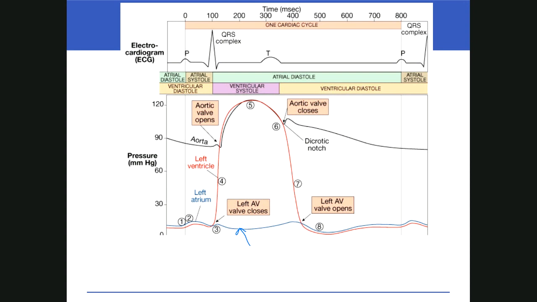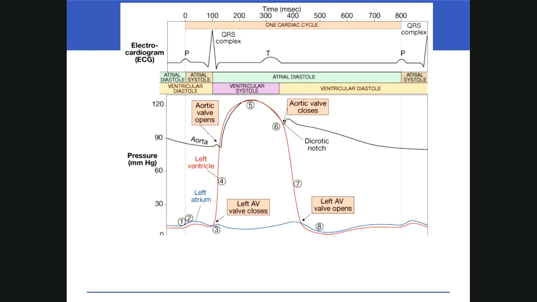It goes up during systole, and it goes down during diastole. Same thing with the ventricles, but they're much, much thicker. Here's the ventricle line. And look, it's going to go up during ventricular systole, and it's going to go down during ventricular diastole. So up, back down. And it's going to happen over and over and over.